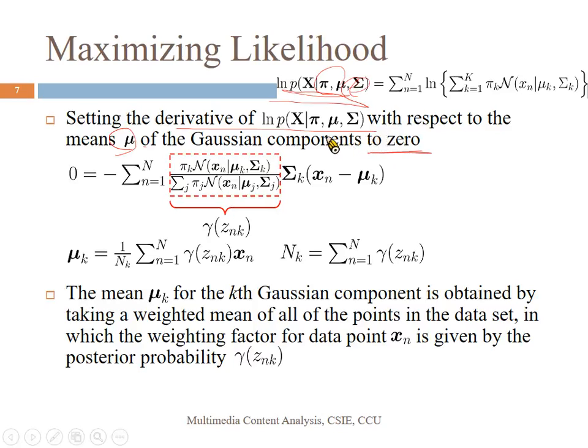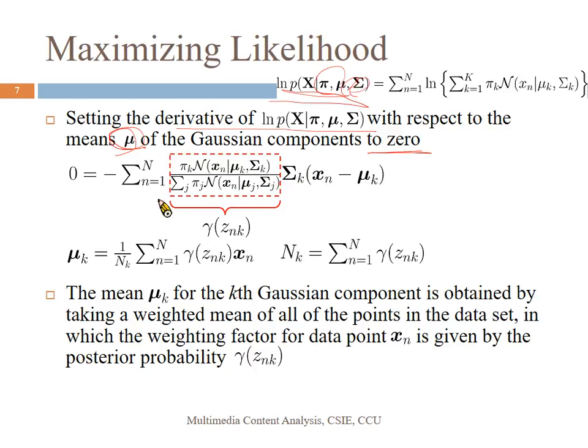This is a very popular way to find the optimal setting of an objective function. Right now, we want to find the way to set up mu. So we calculate the partial derivative with respect to mu and set it to 0.